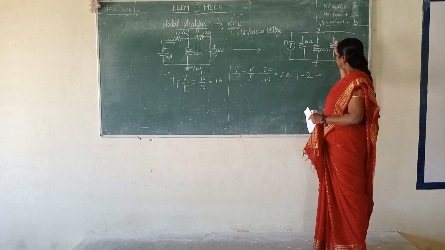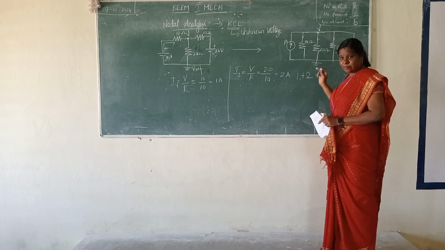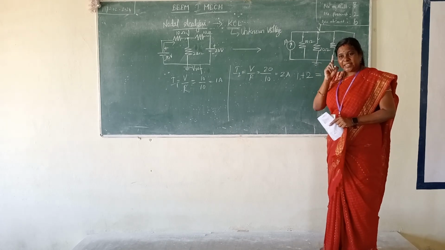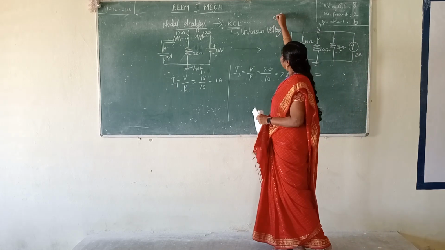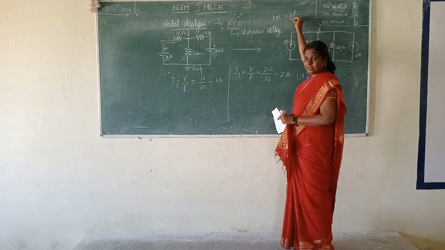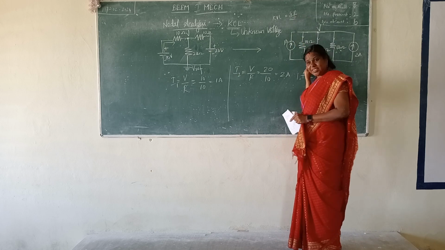So how many resistors are outgoing? 10, 10, 20, 10. But I should write in current form. In KVL I wrote resistor into current, I into R, because that is voltage value. Voltage V is equal to I into R. Here I should write in current form.